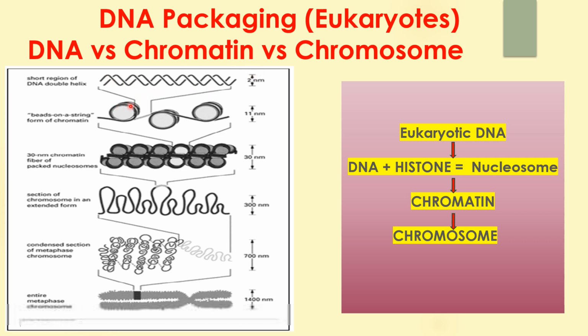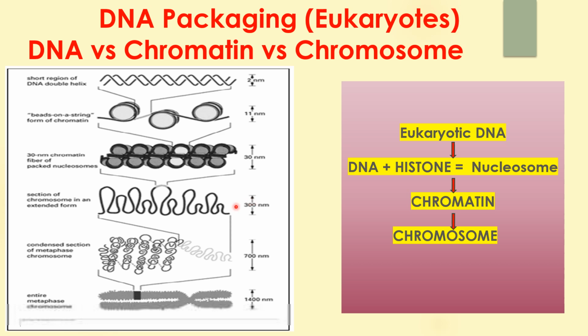That means the DNA double helix is coiled around the histone proteins, which form an octamer. Okay, like this. So I hope it is clear. For the chromosome, the packed form is like a sweater. If you pull the threads of the sweater, the woolen threads will come out like this.